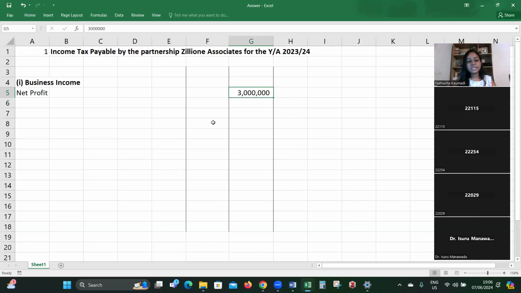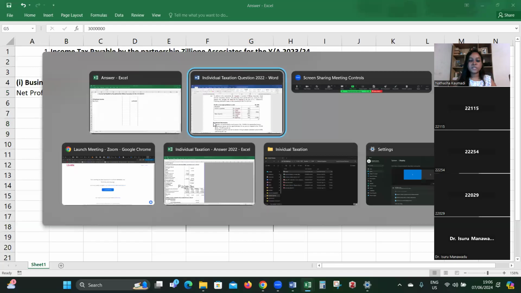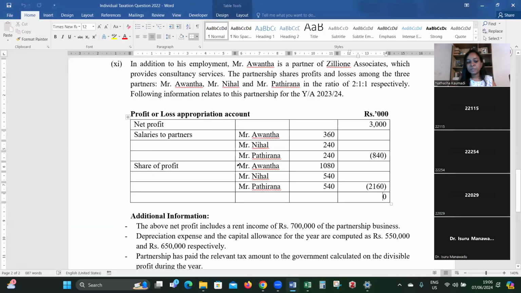Now, in this 3 million net profit, as you correctly told me, salary is not included. As per this question, partners' salaries have been deducted from 3,000. That means 3,000 net profit is before deducting salaries. So do we have to add back the salaries again?